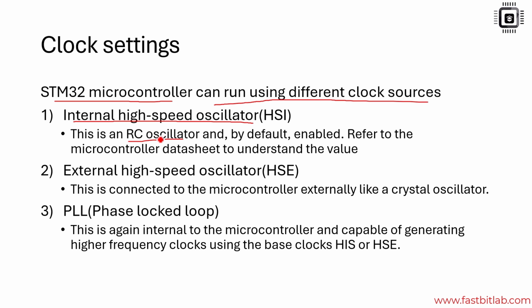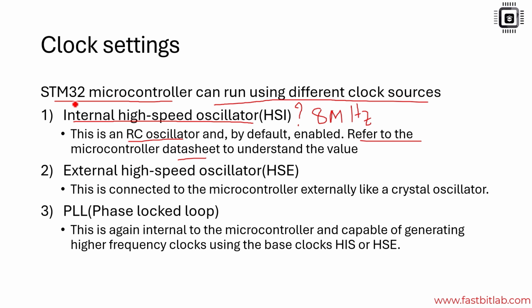I mean, you can disable it, but upon reset this clock is enabled. What is the frequency of this oscillator? To know that, you have to refer to the microcontroller's data sheet or reference manual. And in our microcontroller, that is STM32F303, its value is 8 megahertz.